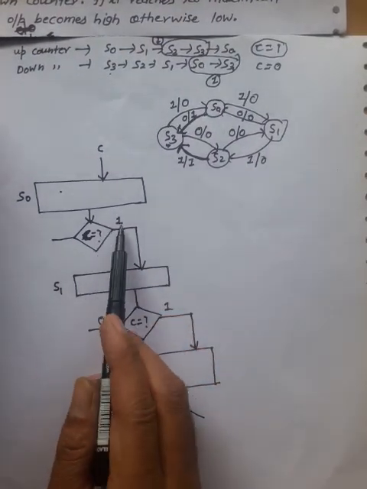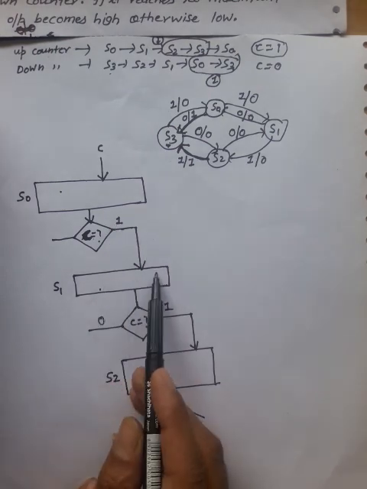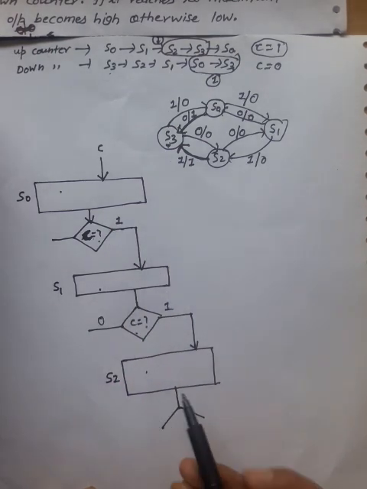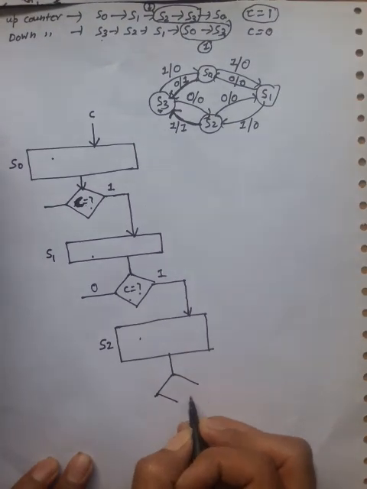Again I am repeating, when value C equal to 1, it is going to S1, from S1 to S2. Now check for S2.